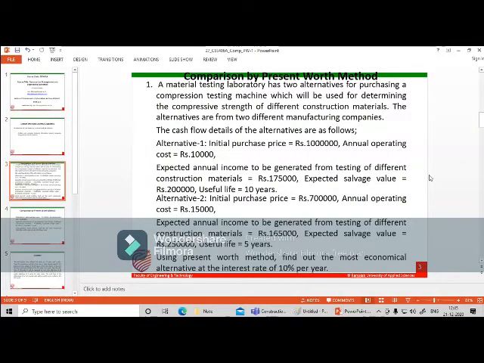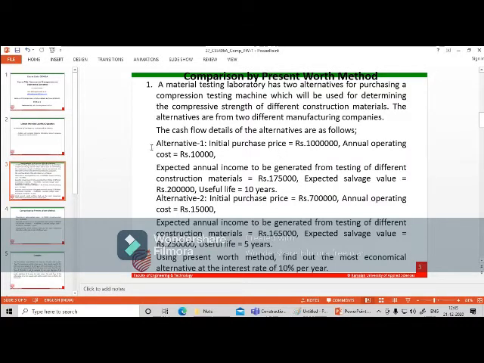For alternative 1, the initial purchase price is 10 lakhs, the annual operation and maintenance cost is 10,000, the expected annual income generated from testing of different construction materials is 1,75,000, the expected salvage value is 2 lakhs, and the useful life is 10 years.